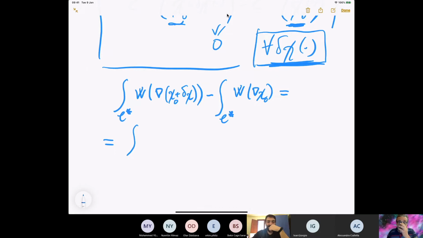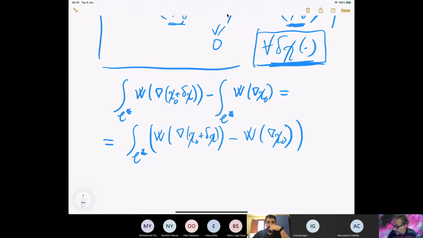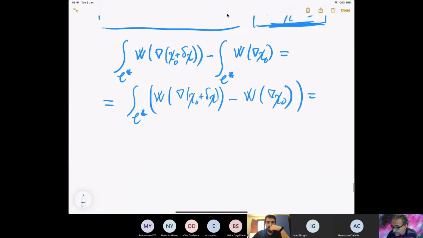Okay. So we have that the difference of integrals is the integral of the difference. This is a standard property of integration. Now we have here the Lagrange idea.